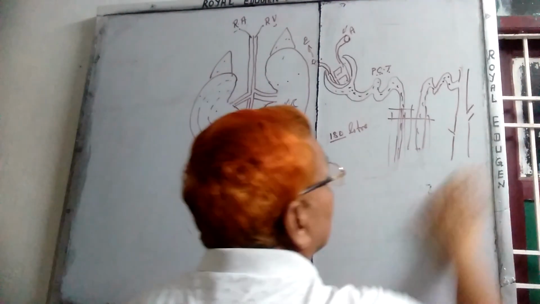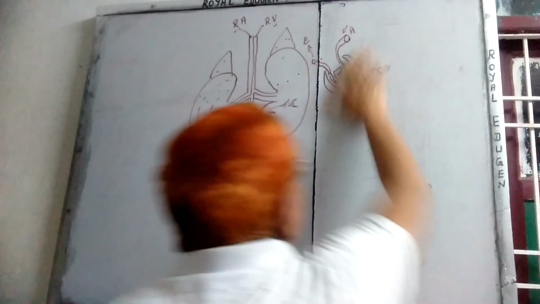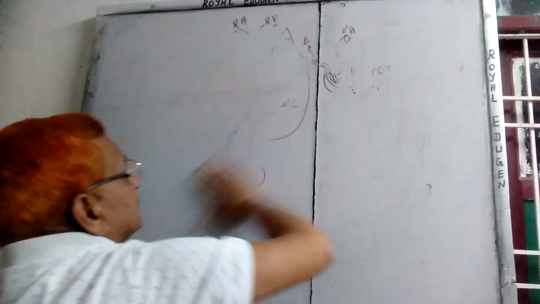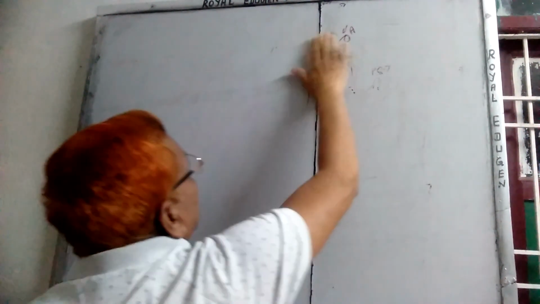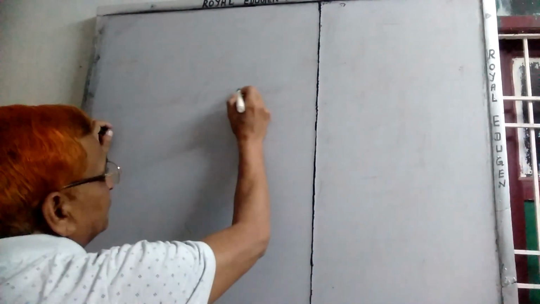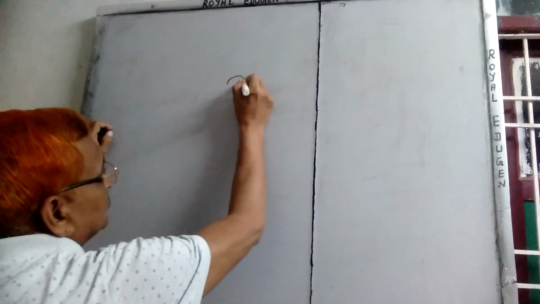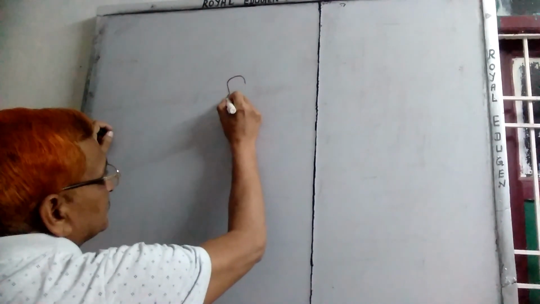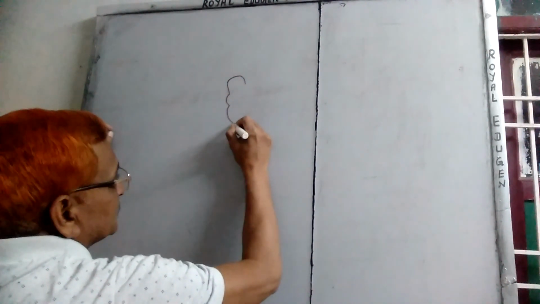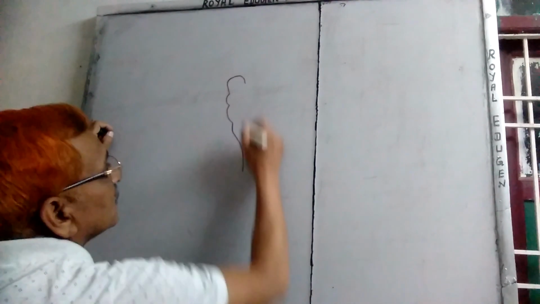Next we have control and coordination. Students feel it is very difficult to draw the diagram of the human brain. Just observe, within 2 to 3 minutes I can draw the diagram. First of all, how can you make the diagram? You draw like this. Make the pons varolii, medulla.